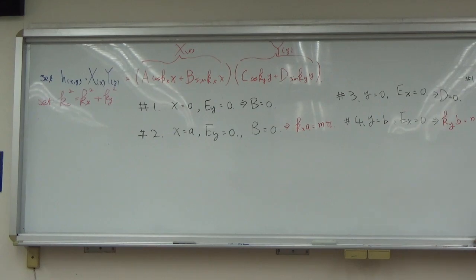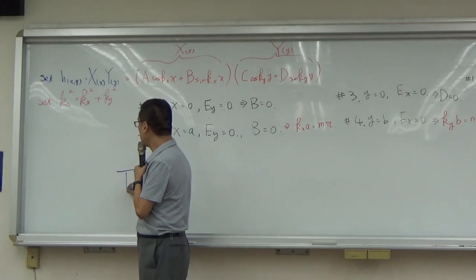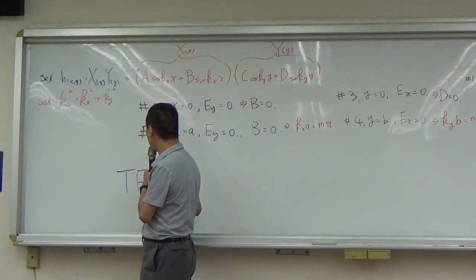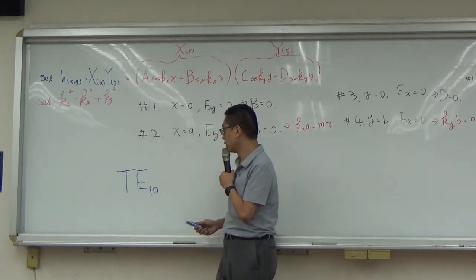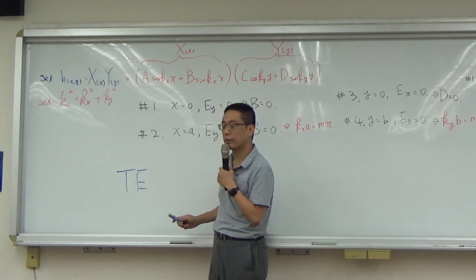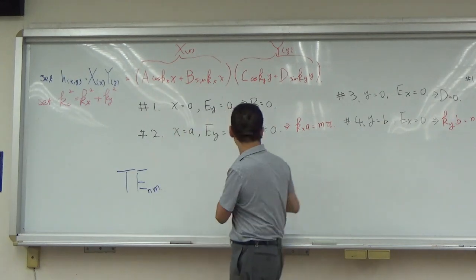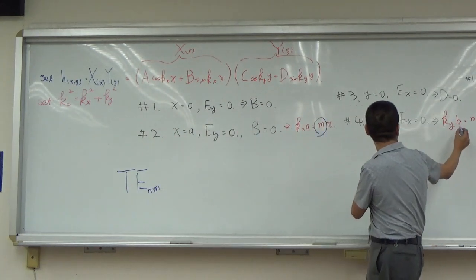When we say this is a TE10 mode, or TE some number mode, this means m and n.